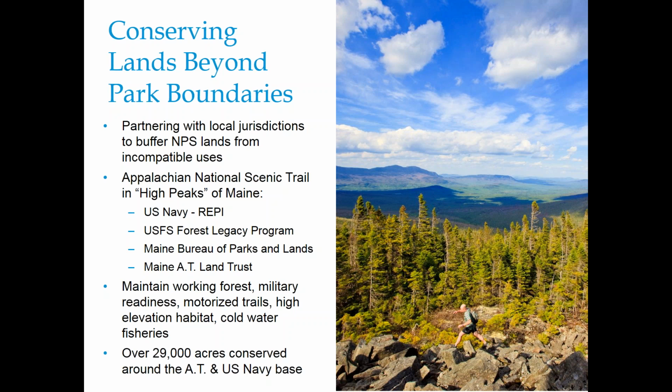And I'm going to talk a little bit about that. But this could work at any park unit across the country where you have threatened lands or lands that are important to the park's integrity or the scenery or the historical journey that might not be appropriate for federal acquisition, but some sort of a conservation outcome is desirable. We're happy to work at those park boundaries and with those local communities as well.